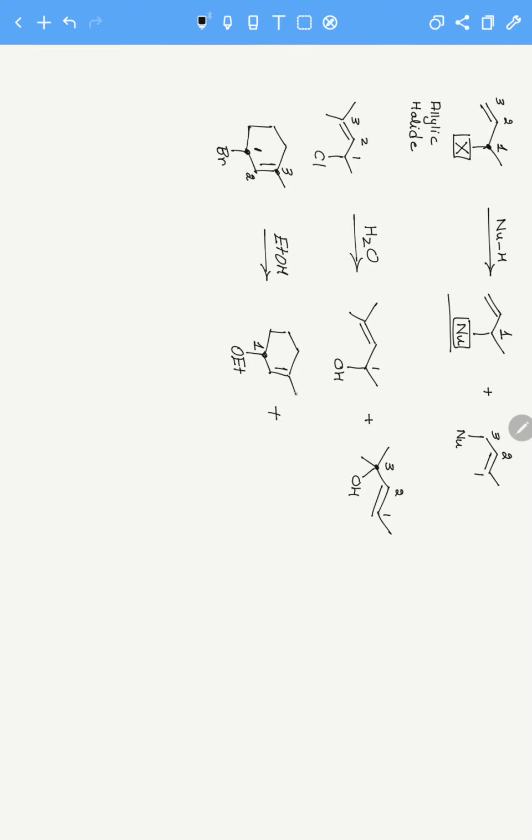Now to draw the second product, I will move the double bond to be between positions 1 and 2, and then the nucleophile will be added to position 3. So this is how we draw the products of SN1 reactions of allylic halides with nucleophiles.